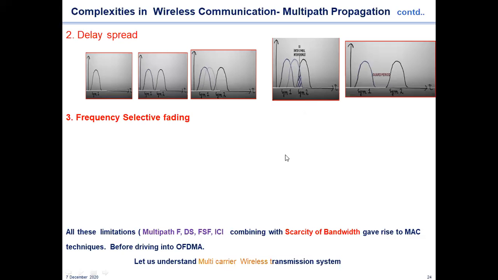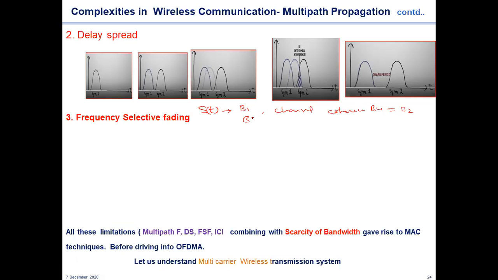Let me write here: s(t) is the signal. The signal bandwidth is B1 and the channel coherence bandwidth is B2.